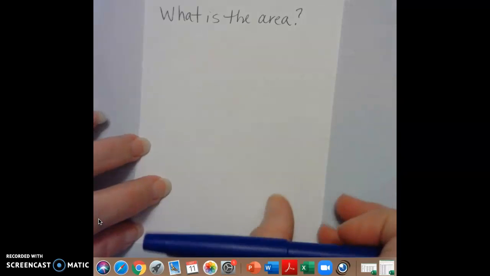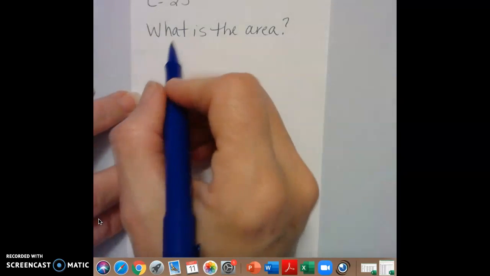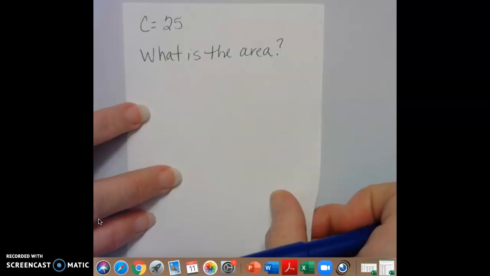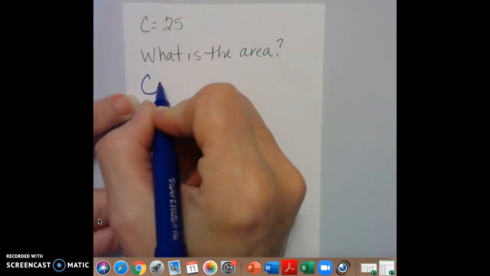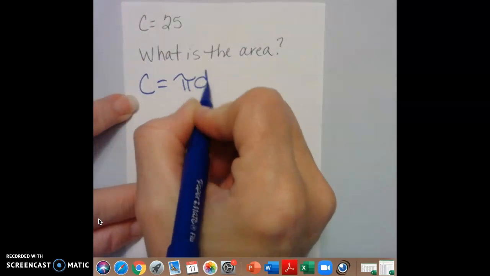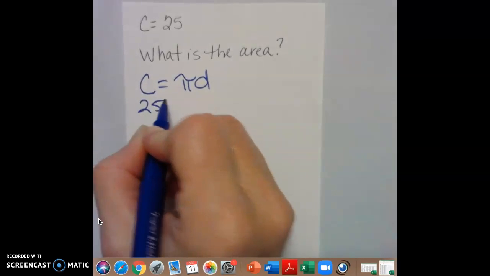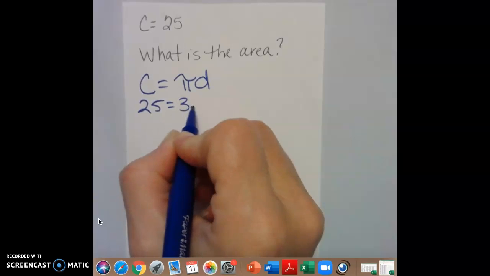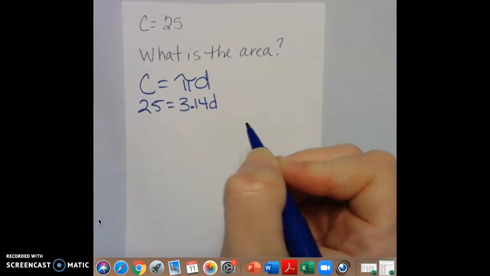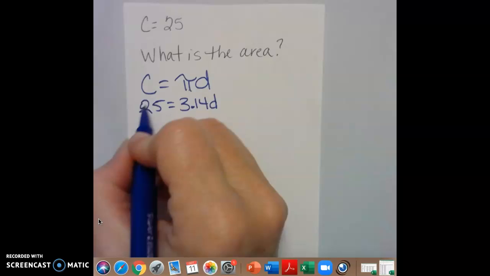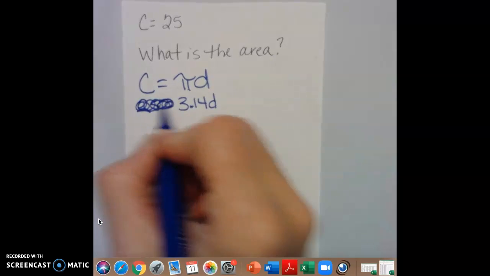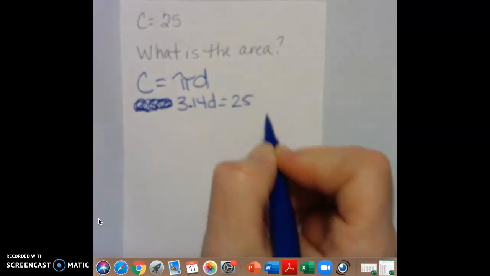So let's go to area. We know circumference, it says, equals 25. So my formula, circumference equals pi d. Circumference is 25. Pi is 3.14, and I'm looking for diameter. Again, I'm going to take this equals 25 and just move it over just so it looks more like what I'm used to.